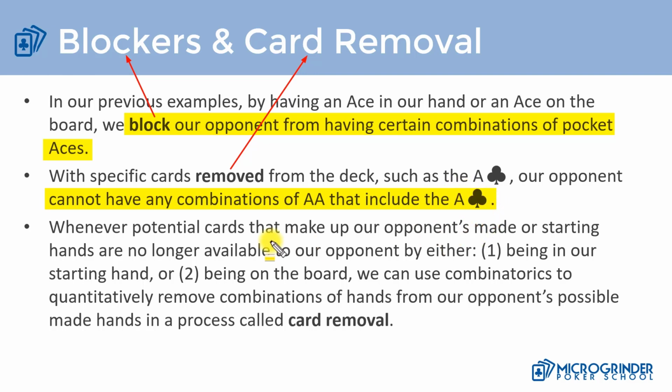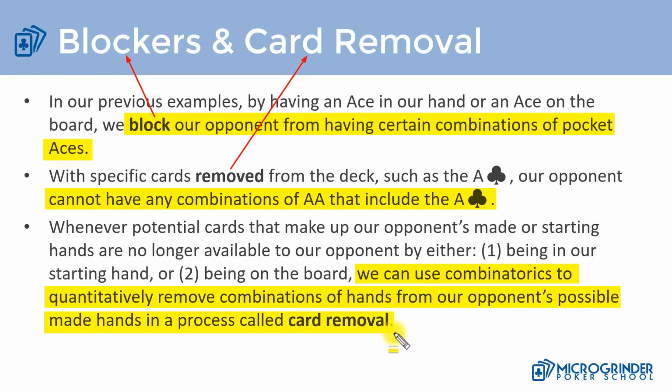So whenever potential cards that make up our opponent's starting hand range are no longer available to them, by either being in our starting hand or on the board, whether it's the flop, the turn, or the river, we can use combinatorics to quantitatively remove those combos of hands from our opponent's possible ranges with card removal and blockers.